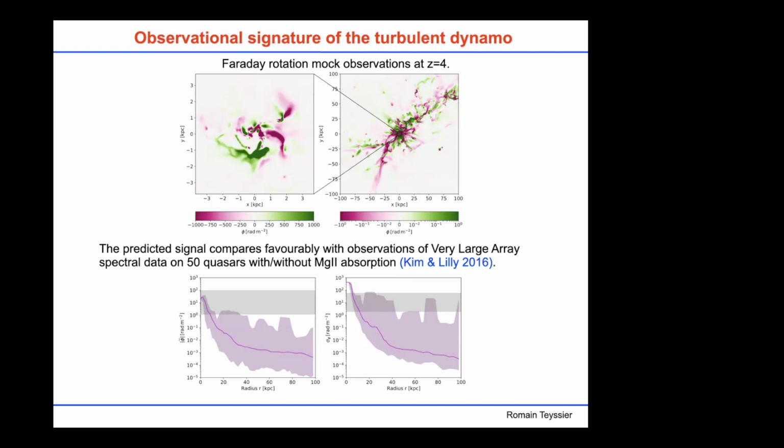Let's say increase your saturation level from 0.1% all the way to 10%, or you do dissipation slightly slower, or you include some additional feedback on kpc or larger scale, let's say, Fermi-bubble-like wind or anything. What kind of thoughts do you have to increase this?